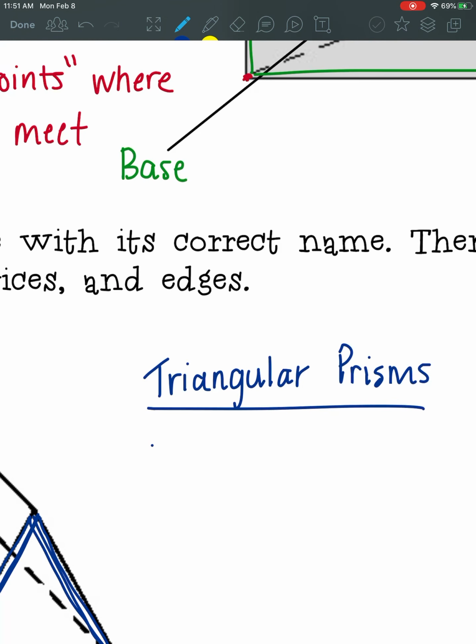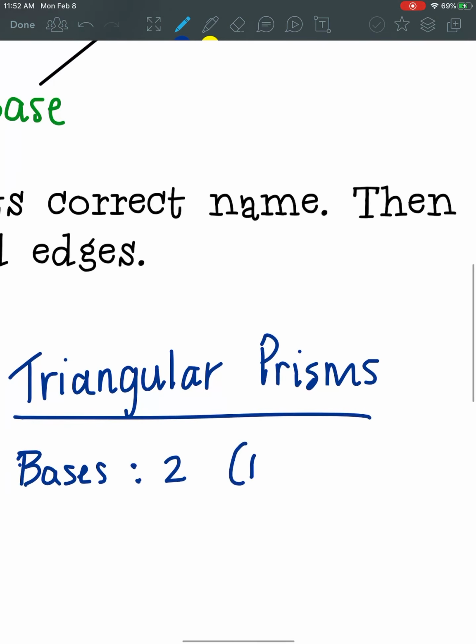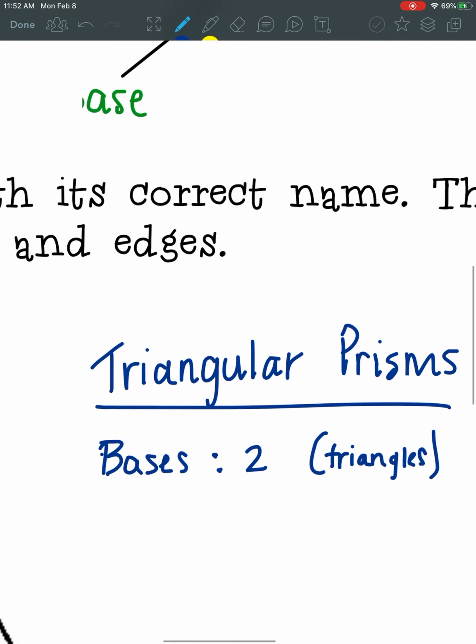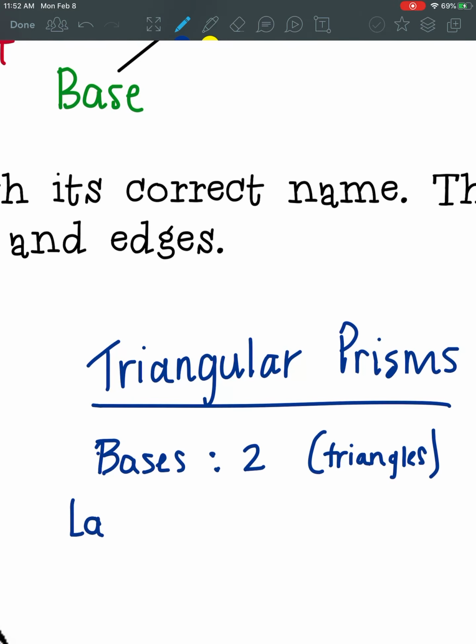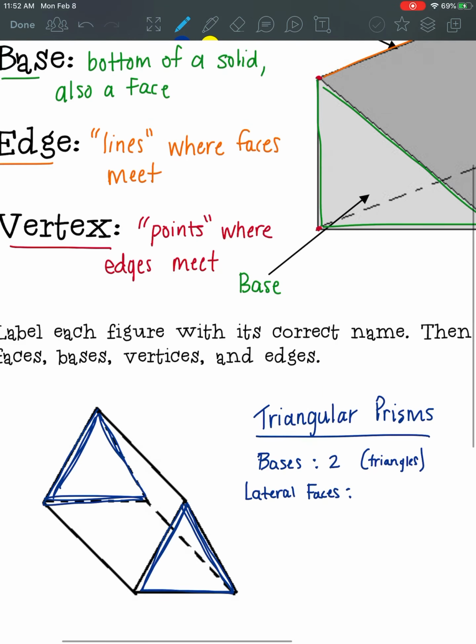So we have bases that we're going to name. There are two of those, and those are the triangles. All right, the faces. So we have lateral faces, and that is the sides, those rectangles. These do not count the two triangles on the side.